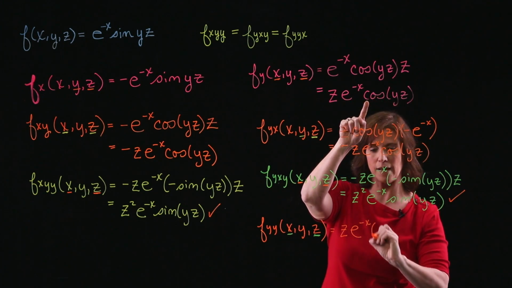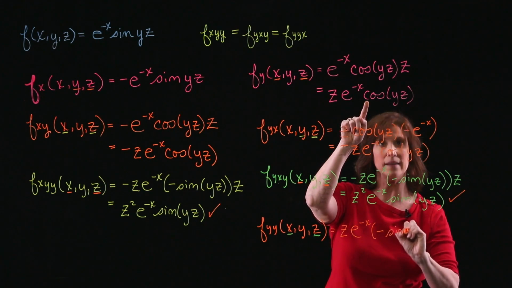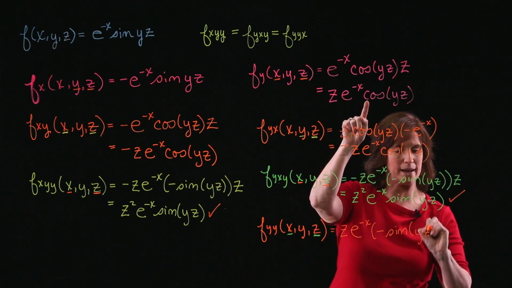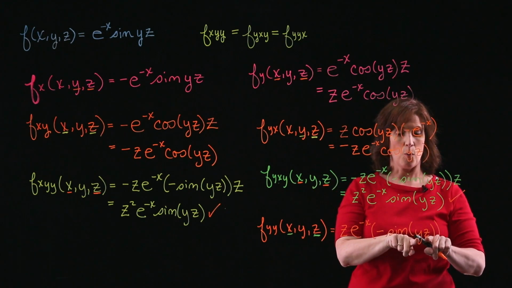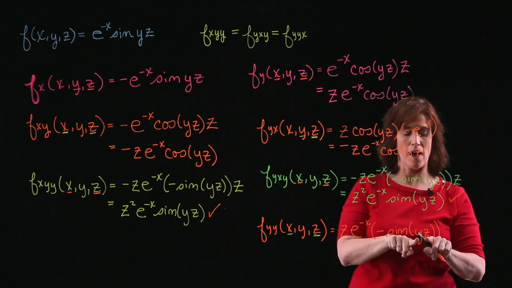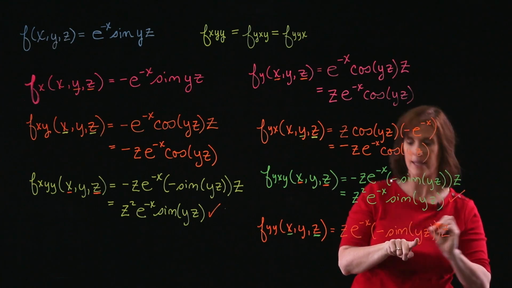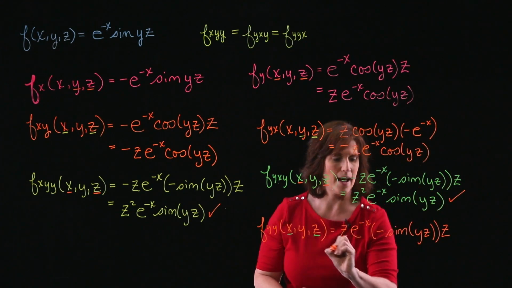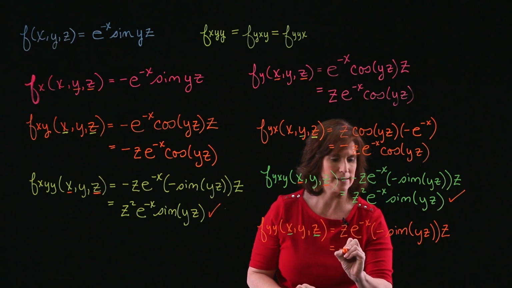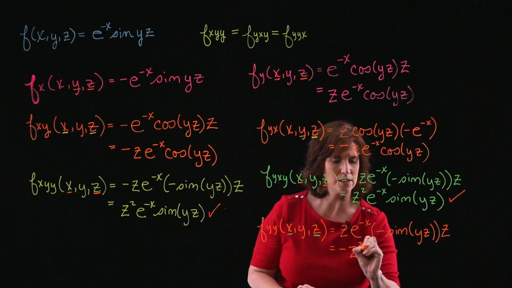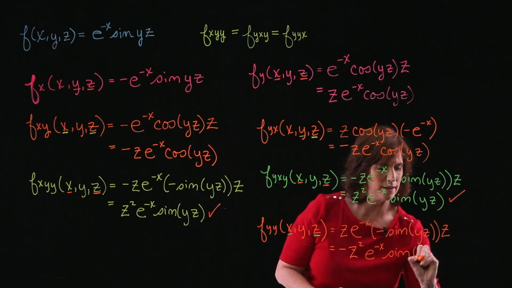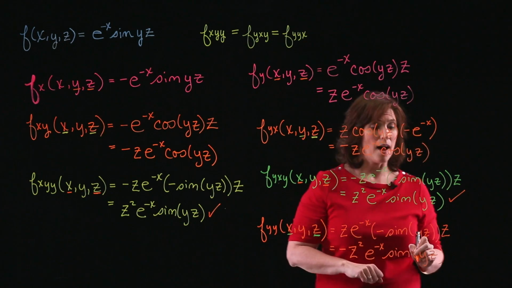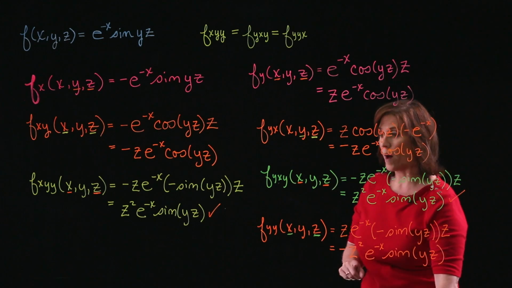The derivative of cosine is minus sine of yz. And by the chain rule, I need to take the derivative of yz. z is being treated as a constant, and so I'll just have a z here, and I end up with a minus z squared e to the minus x sine of yz.